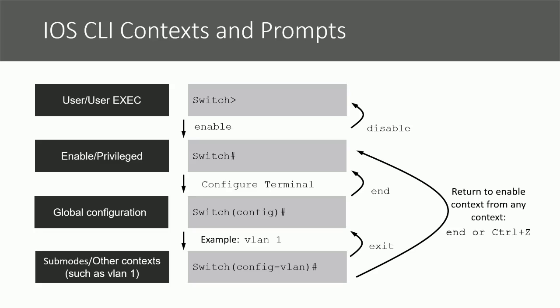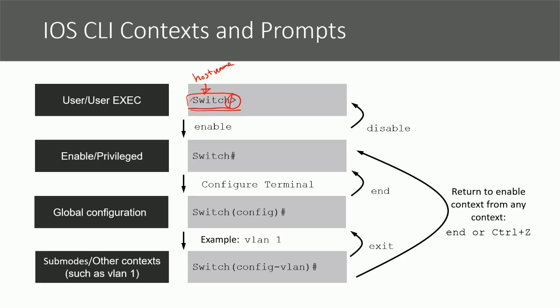This may help you to understand different modes and how to move from one mode to another. When connecting to the switch for the first time, you will see this prompt. This prompt includes two parts. This part is the hostname, which is Switch by default. Any switch by default has the hostname of Switch, but if you modify this hostname, this part will be modified to match the hostname you configure. The other part is the prompt itself, which is the greater-than sign.